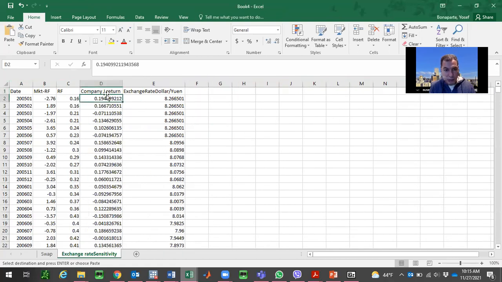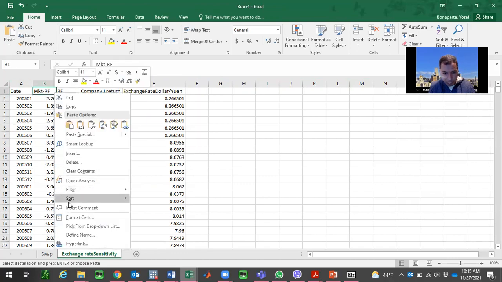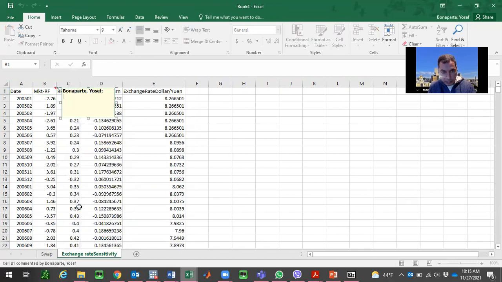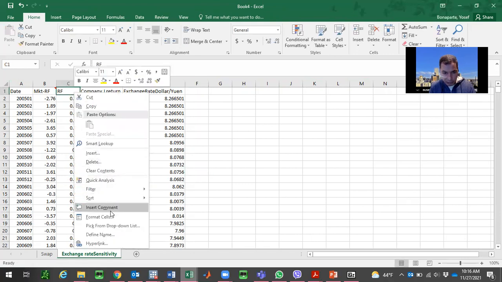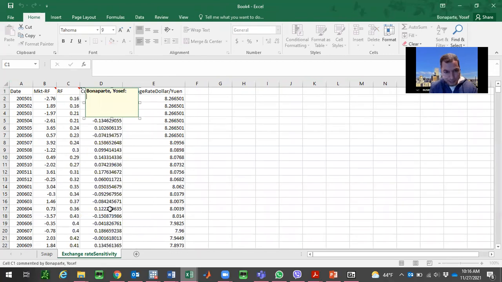Now, I just want to say something here. Here, the market return, that's a market risk premium. Insert column, risk premium, which is market return minus risk-free. This is risk-free. Why do we need risk-free? To protect from inflation.